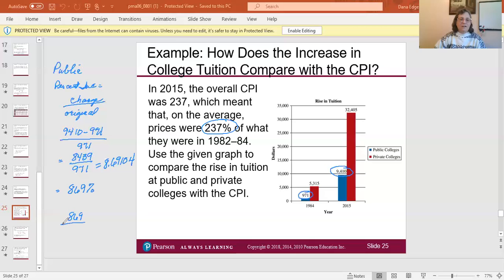We can take the 869 and divide it by 237 to see how many times it went up. And that is 3 2/3 times the average price increase for other things.